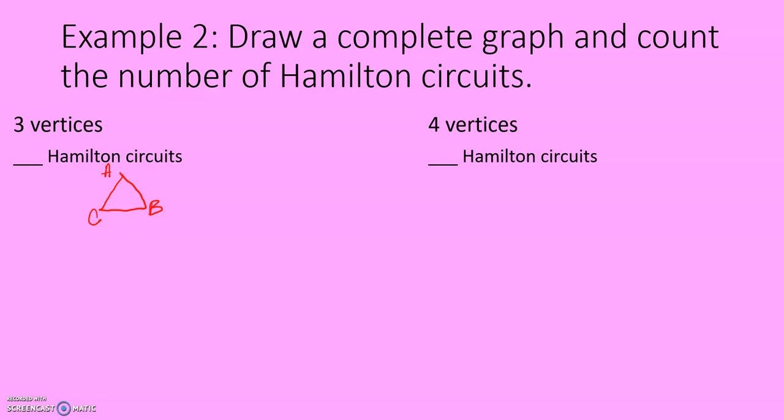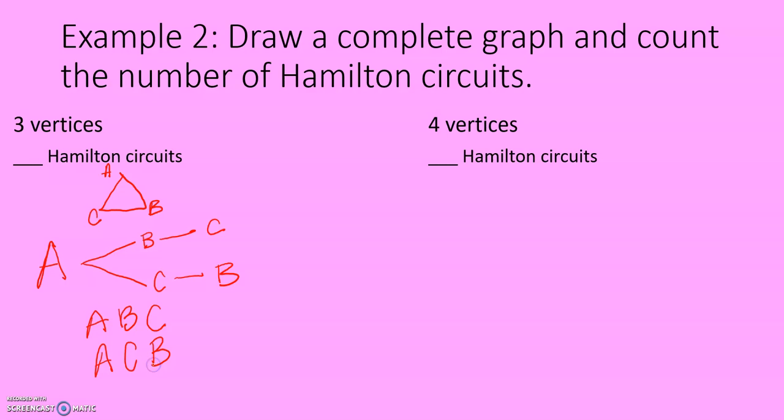To find our different possible circuits, we'll start at A. And from A, we could either go to B or C. If we went from A to B, then we have to go to C. If we go from A to C, then we have to go to B. We've got circuit A, B, C, and circuit A, C, B. There are 2 Hamilton circuits.